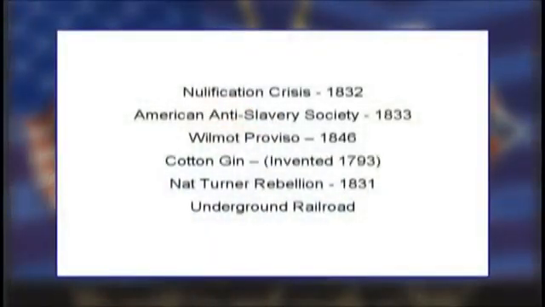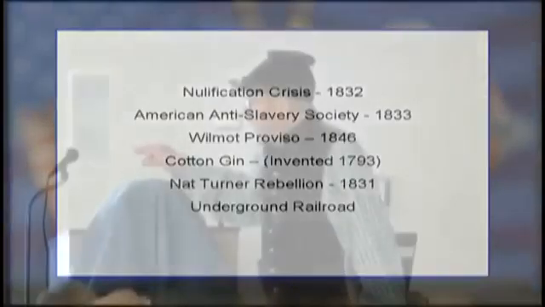The cotton gin, even though the cotton gin was invented back in 1793, it didn't really get in use until about 1830. And between 1830 and 1850, production of cotton more than doubled.